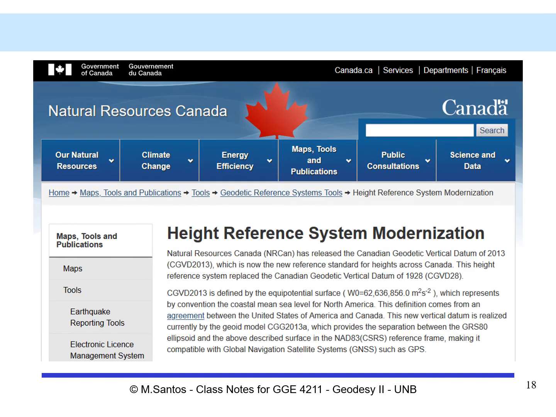One thing that I strongly recommend you guys to do is to keep track of what goes on, and there are easy resources available. NRCan, the Geodetic Survey Division, has lots of material. Here I indicated in the previous slide the link, and this is the link that talks about the modernization of the height reference system.